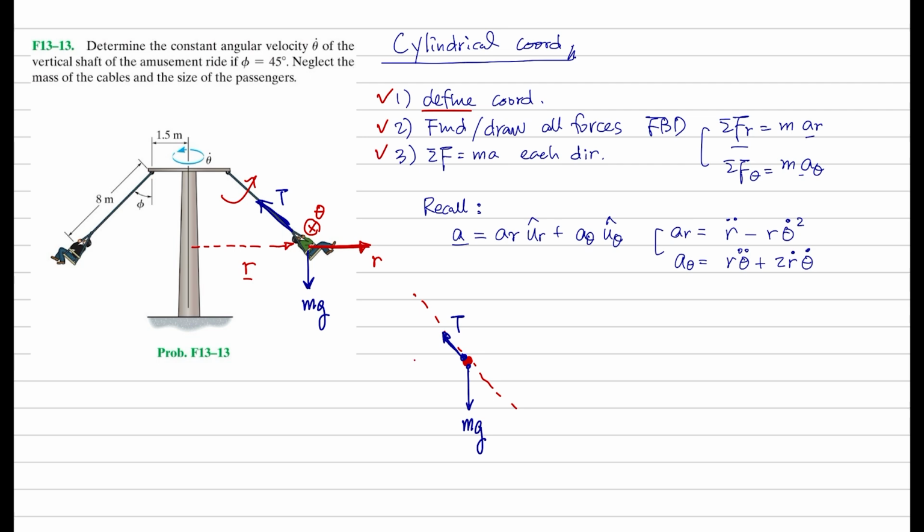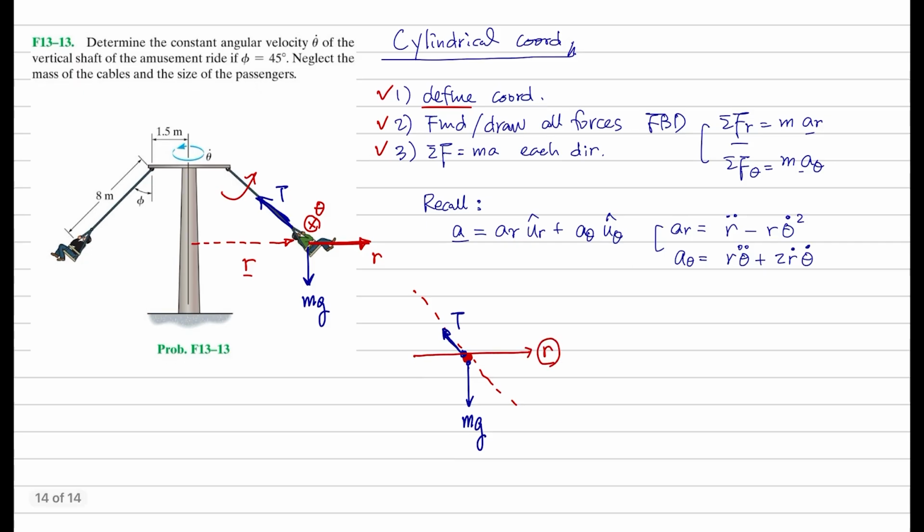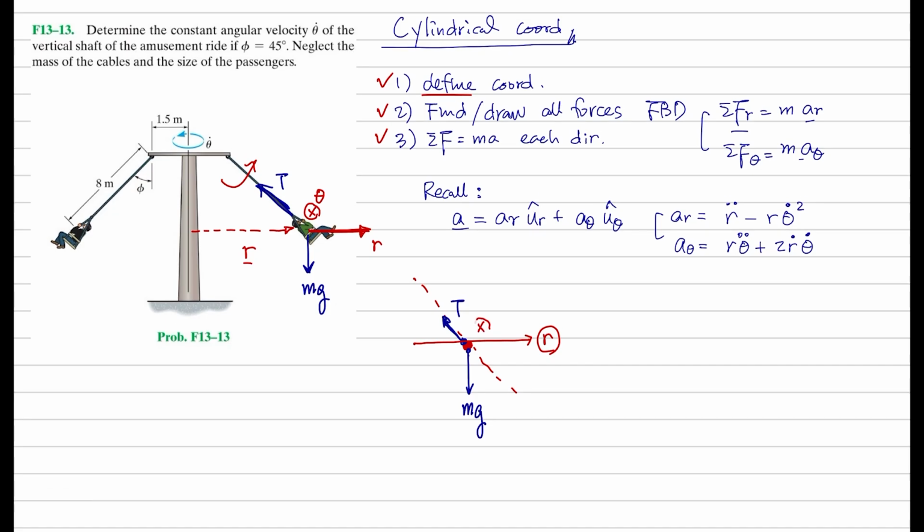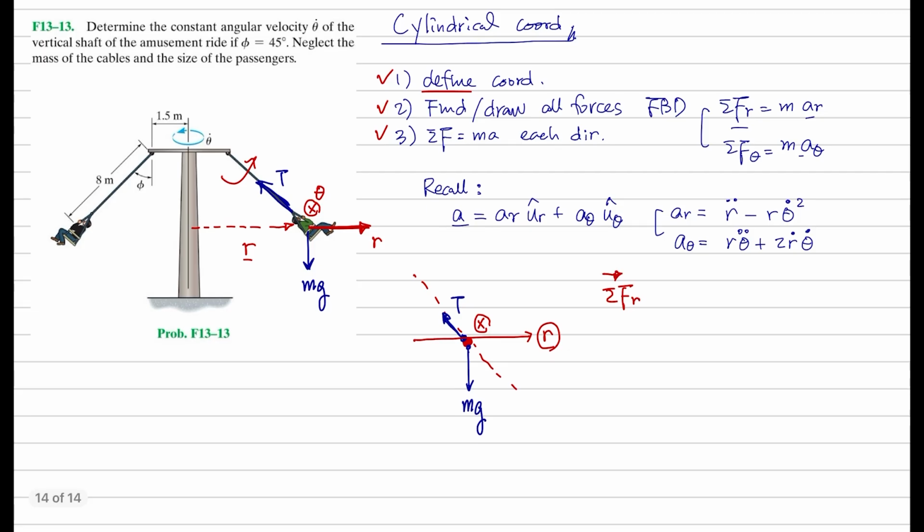So my r direction is this, and my theta direction is going into the page, but we're not considering any forces in that direction at this point. So let's get this. Sigma F r, going to the right is my positive direction, and we need to find the forces.